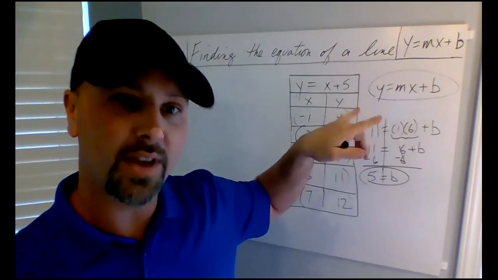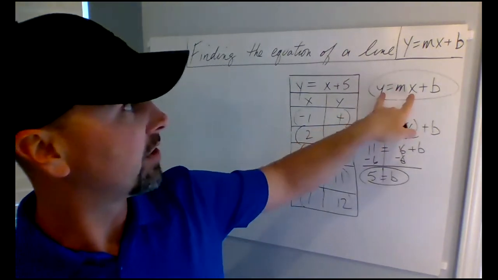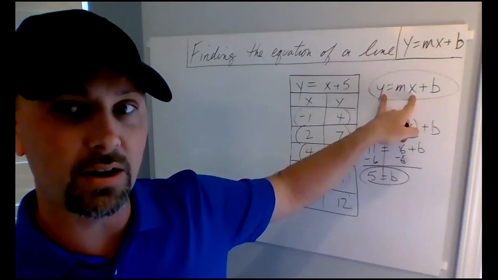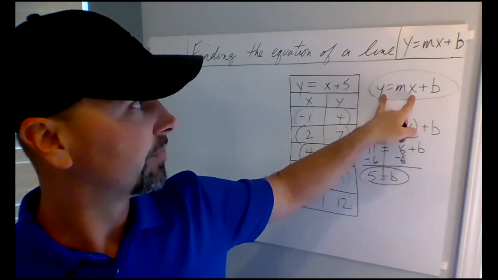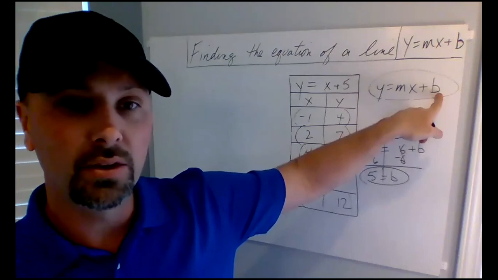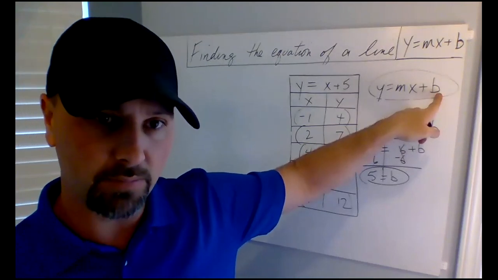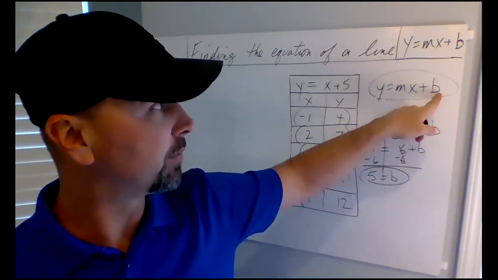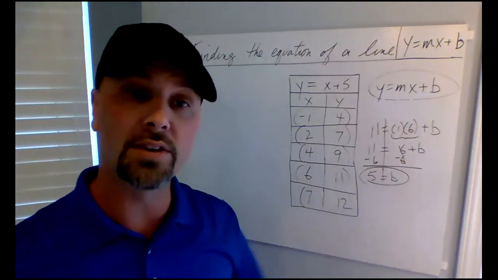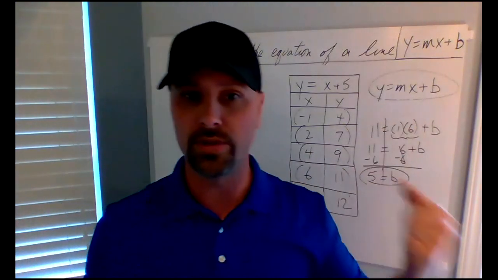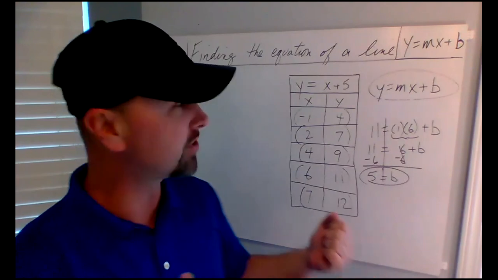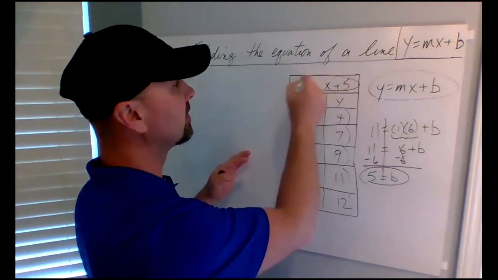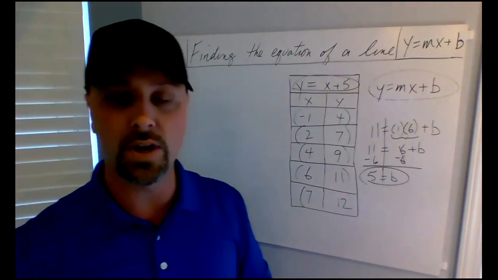You also have x's and y's for your line that you're going to pick one pair that goes in here, leaving the only variable as b. And then once you solve for b, then you know what the y-intercept is. If you know what the slope is and you know what the y-intercept is, then you can write the equation of the line.